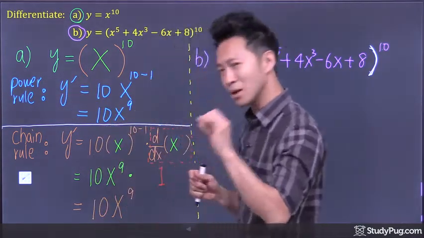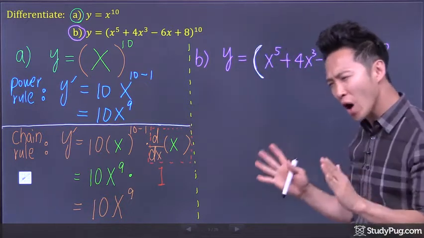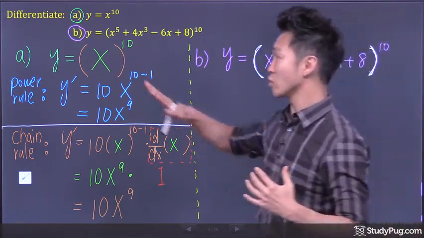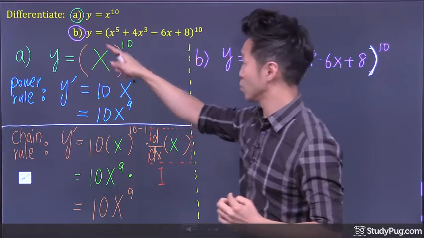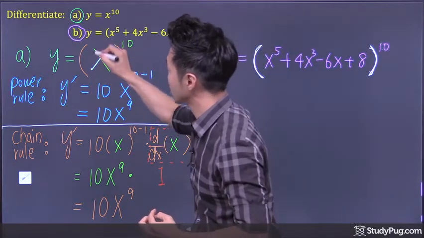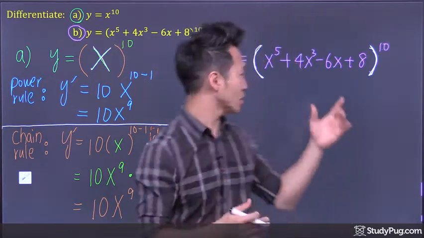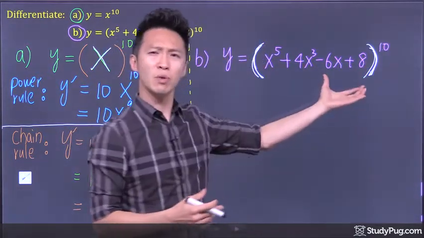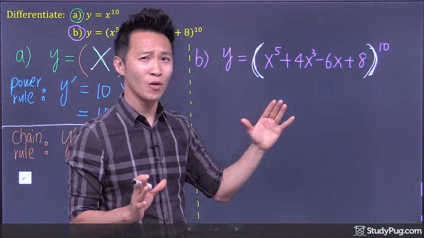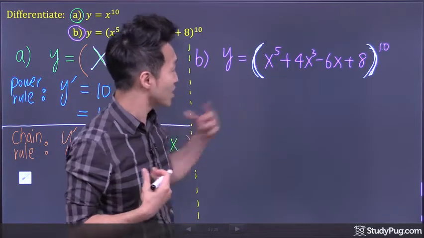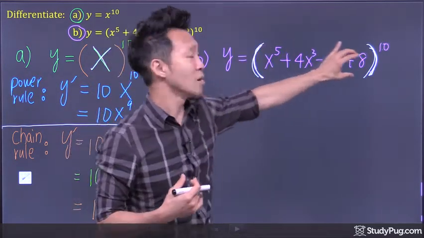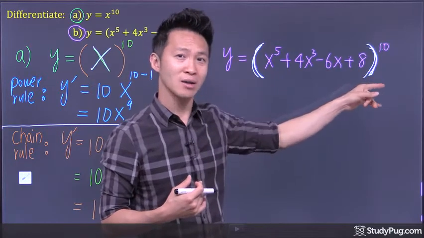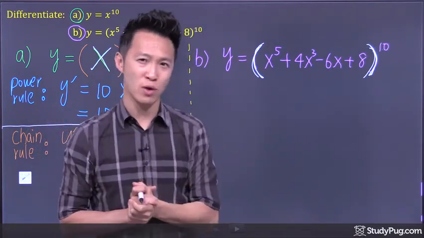Well, guys, the only time we can possibly get away with not using the chain rule is when inside the bracket, we just have a simple x, right? Now, look at this question here. Inside the bracket, do we just have a simple x? No. We actually have a pretty complex polynomial inside the bracket, right? So guess what? We have to use chain rule.